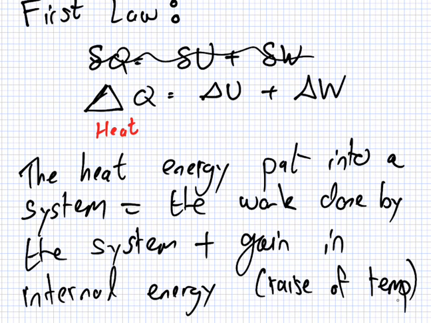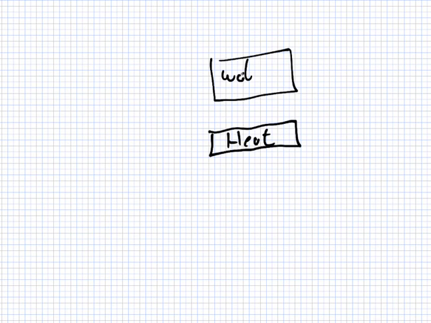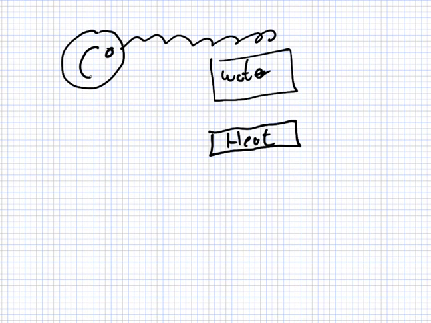I'll give you a very, very simple example of what I mean by heat going into a system, which you can kind of picture, maybe something like a train. If we think about a train, it has a heat, and then it heats the water, and then the water changes into steam, and then the steam makes the wheel turn around, makes the train go forward.